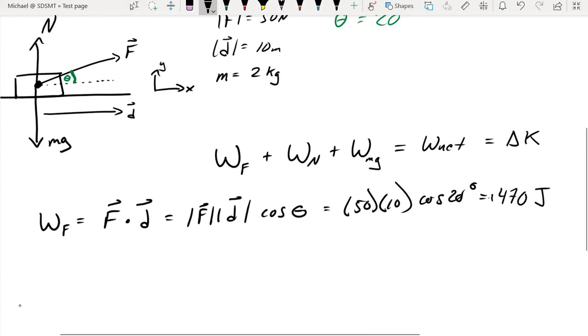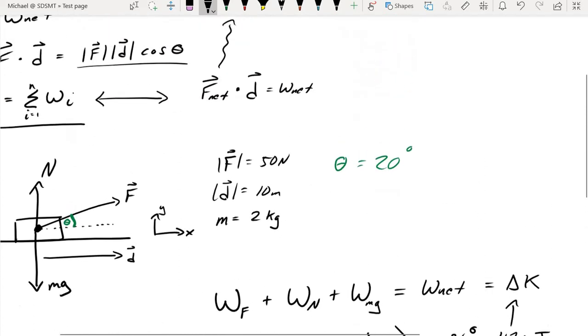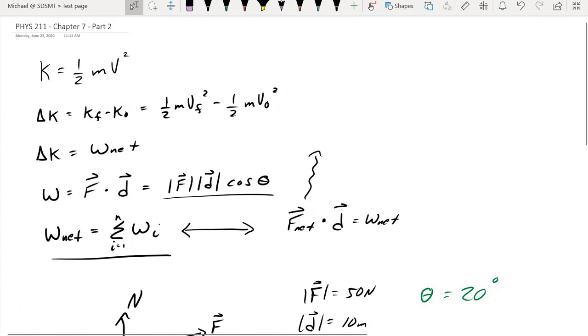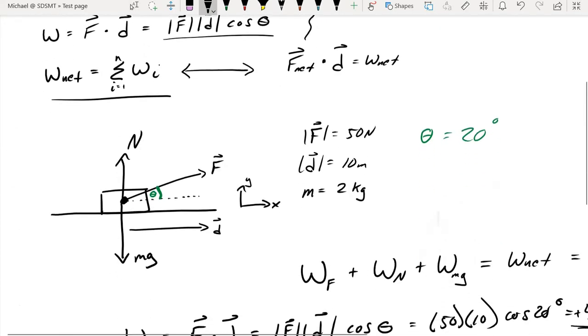And as we can see, this came out to be a positive number. This means that the force is putting energy into the mass. As we put energy in, we should see that force start to increase the kinetic energy of the object, and in turn, because our kinetic energy is defined by the speed of the object, then we should see this mass start to speed up.